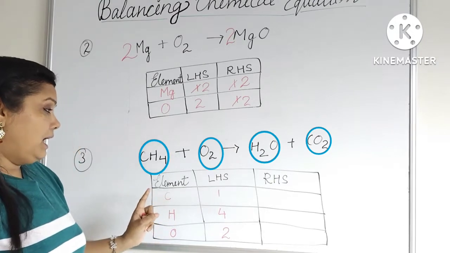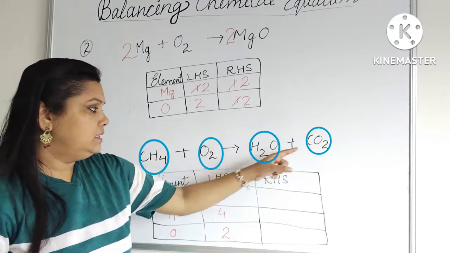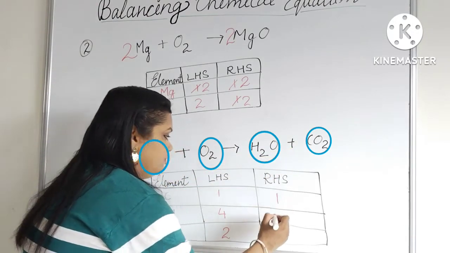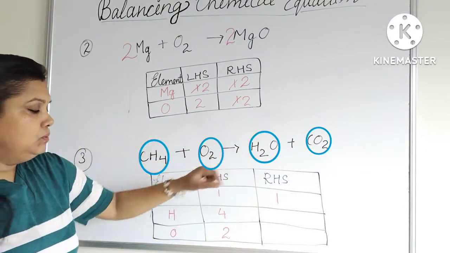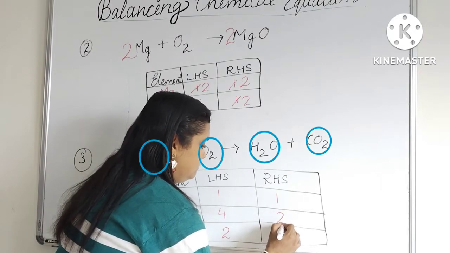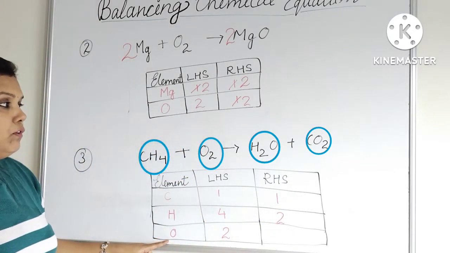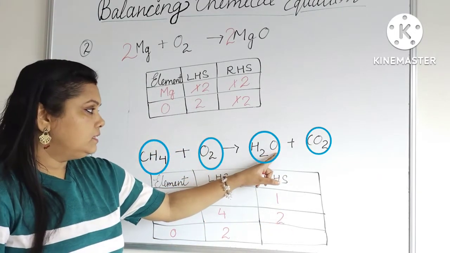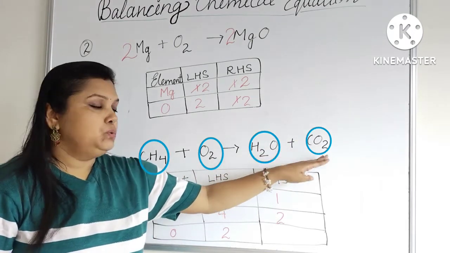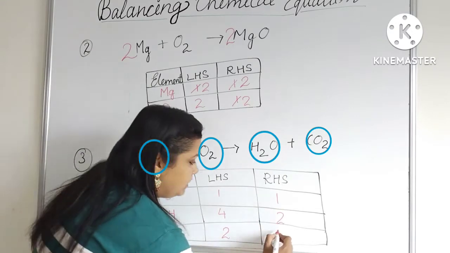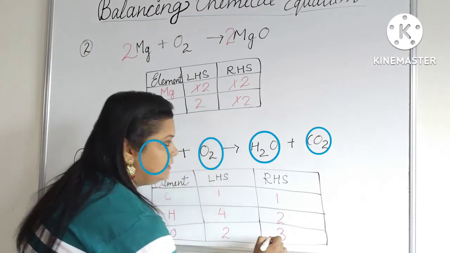How many atoms of carbon? It's 1. How many atoms of hydrogen? It's 2. And how many atoms of oxygen? Here it is 1 and here it is 2. So 1 plus 2 is 3. So total number of oxygen is 3.